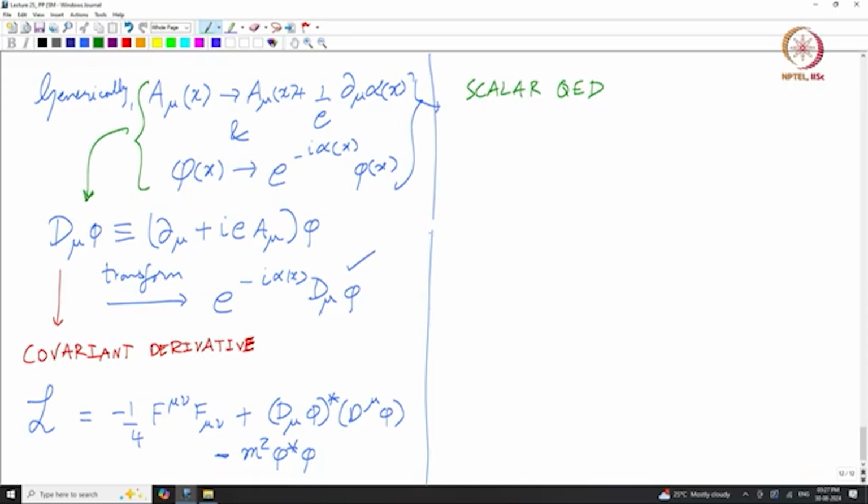Is there any scalar QED in the real world? Of course there is, right. We do have charged scalar states, we have charged pions, right. In some beyond the standard model theories we have charged Higgs bosons and so on and so forth. Okay. That is the Lagrangian for scalar QED. Okay. Notice that something very interesting has happened.